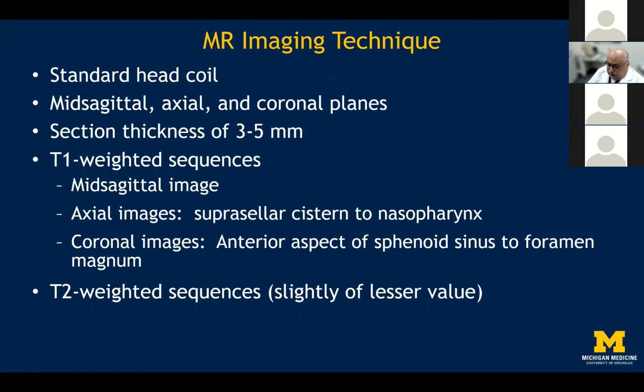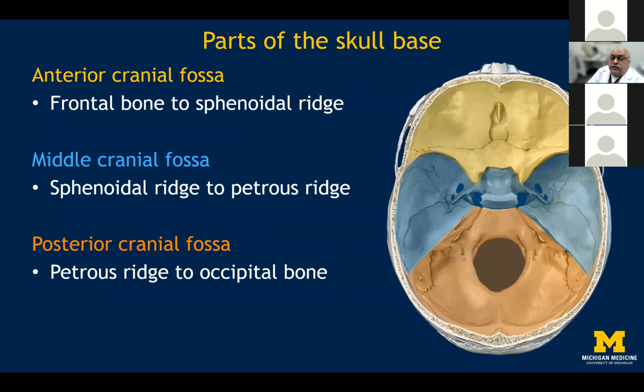And some of the coils are so designed to have a very extensive coverage up to at least the lower portion of the neck if used properly. So we can have a wide armamentarium of imaging modalities now to help us in looking at the skull base.